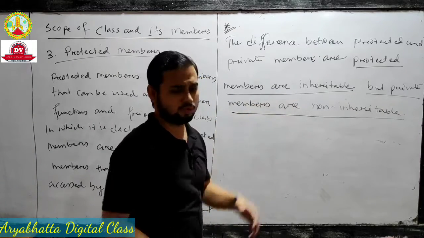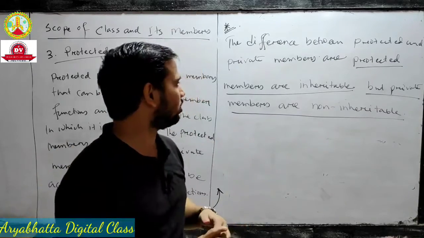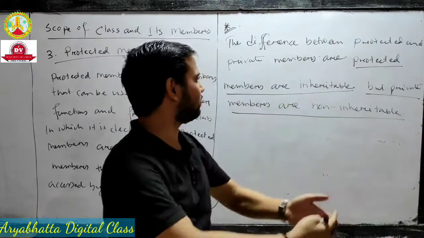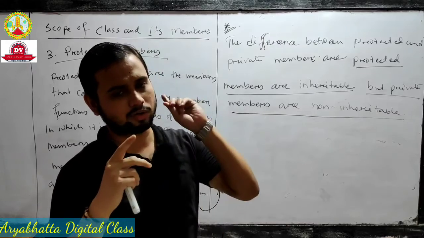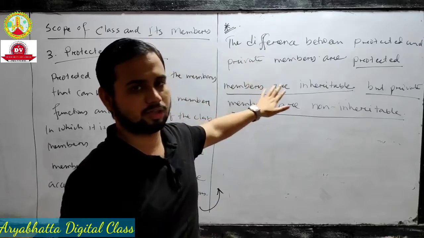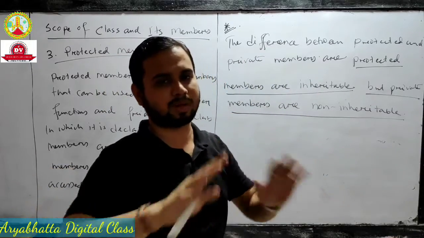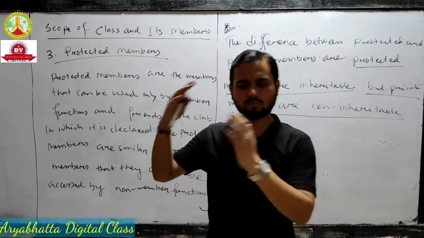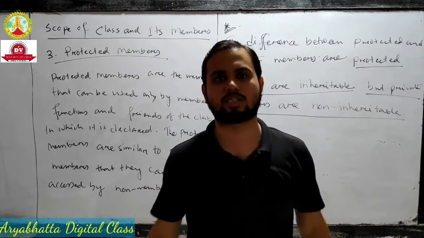Means when you specify the access specifier protected, your class can be inherited from another class, and in private members, the class is not inheritable. This is the only difference between private and protected. Other than this, private and protected are 95% similar. In private, outside of the class it is not accessible, and in protected, outside of the class it is also not accessible.